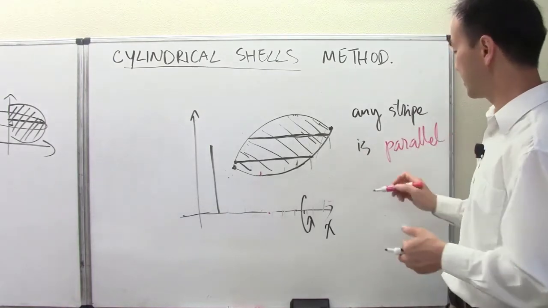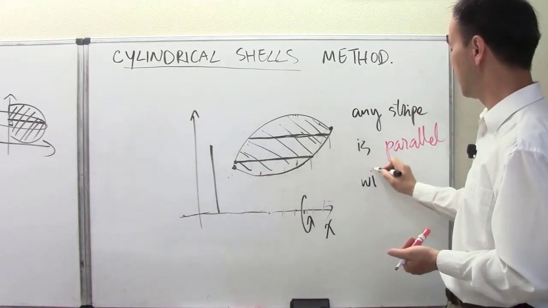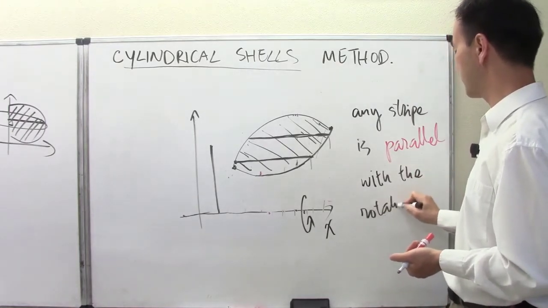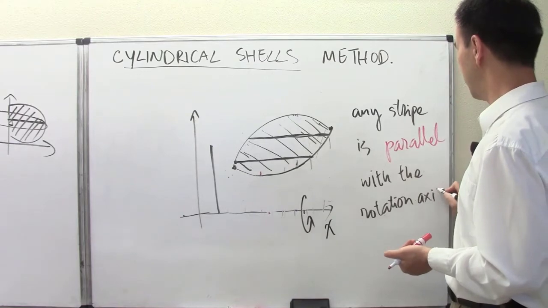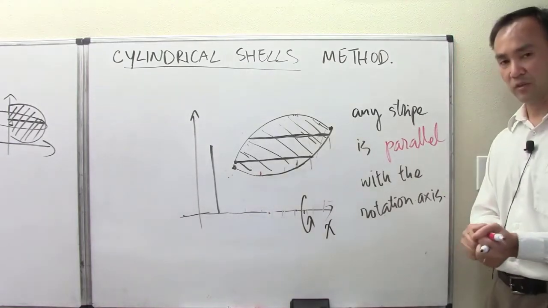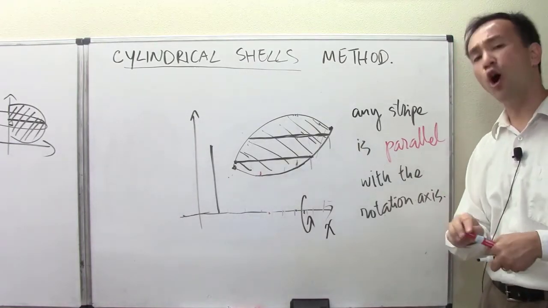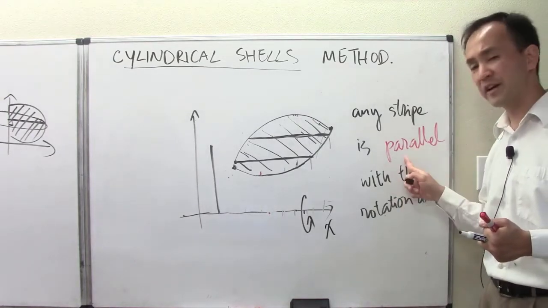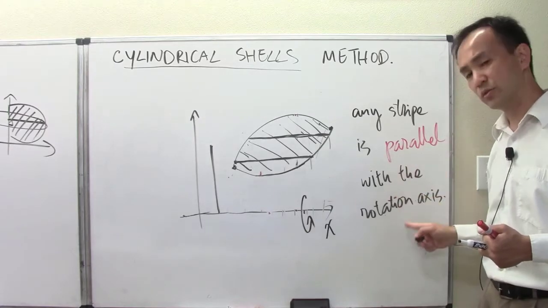Any stripe is parallel with the rotation axis, or another way of saying it: all stripes that we're drawing are parallel to the rotation axis.